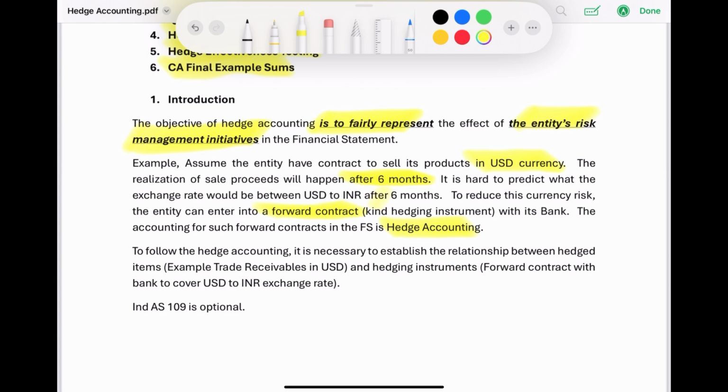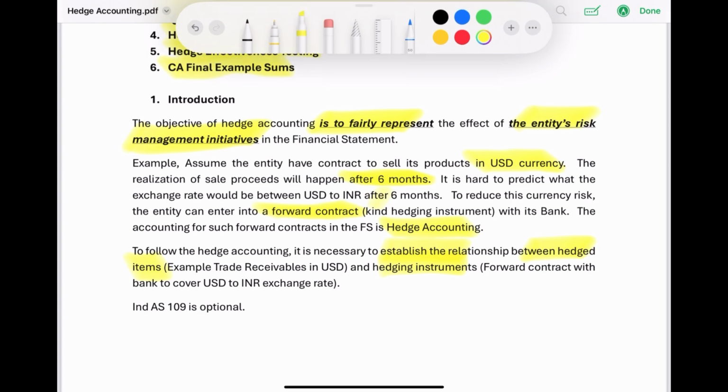Okay, so to follow hedge accounting, it is necessary to establish the relationship between the hedged item, for example trade receivables in US dollars in this example, and the hedging instrument, the forward contract. There can be some entities without a hedged item that just take some hedging to gain some benefit out of it, a kind of speculative transaction.